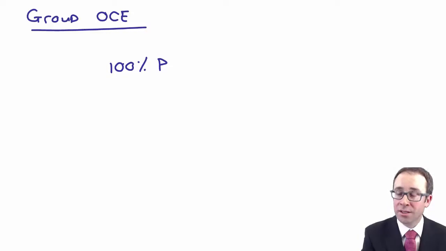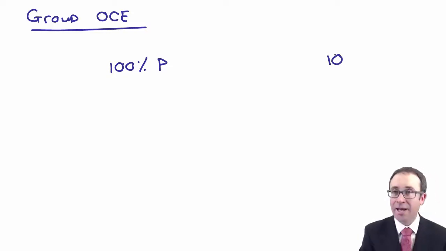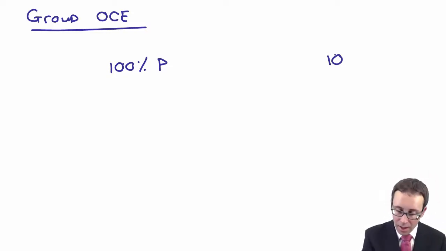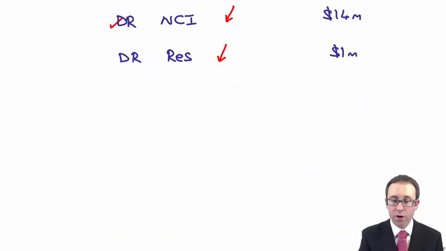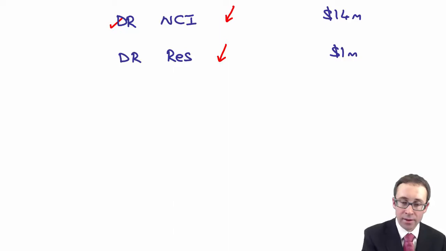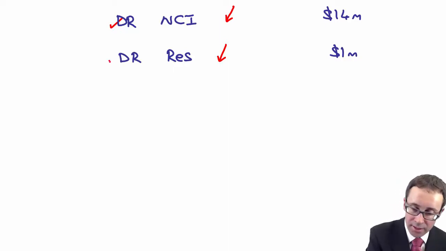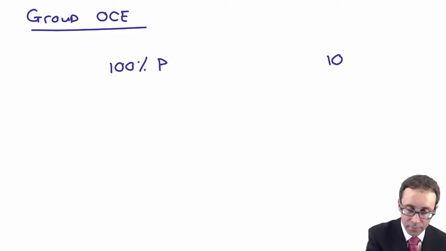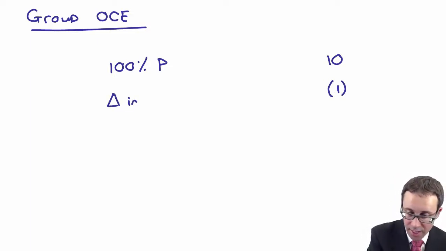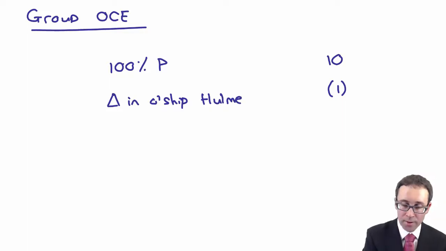So what we've got there, your group other components of equity, is that we take 100% of the parent, which is 10. And then we need to look at the change in ownership for Hume. There is a debit to the reserves of 1. So that's your change in ownership of Hume.